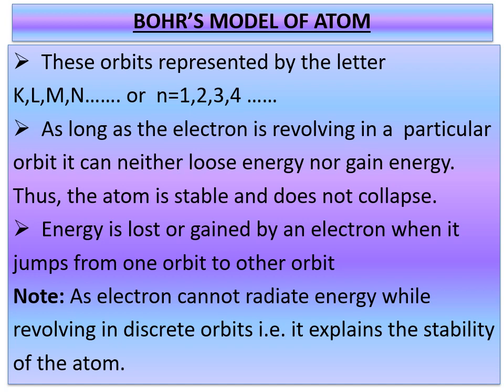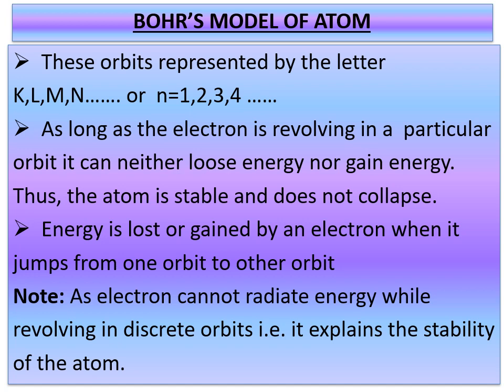And you have to remember that the orbits which are away from the nucleus will have more energy than the orbits near the nucleus. That means the K shell will have a lower energy level, and the N shell will have a higher energy level. That part you have to remember, children. Or the first shell has a lower energy level than the fourth shell.